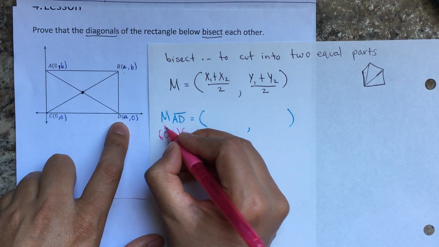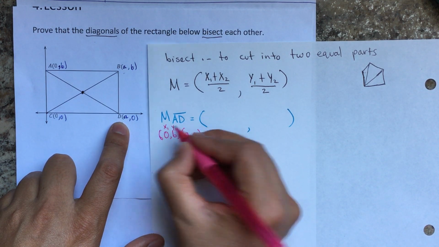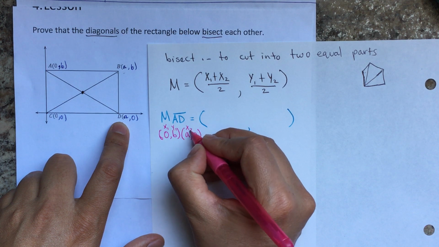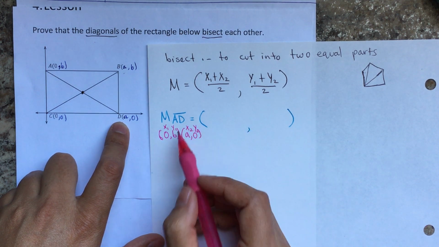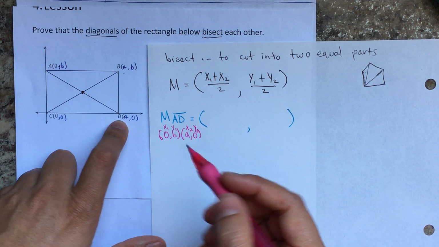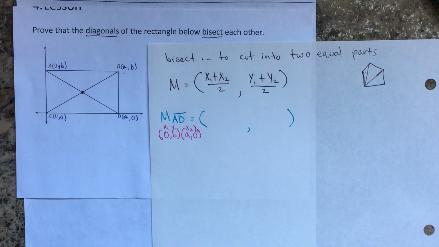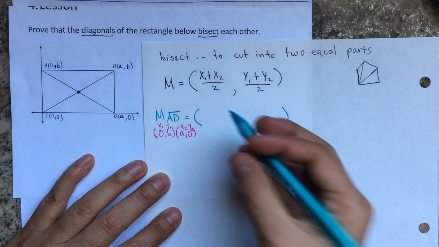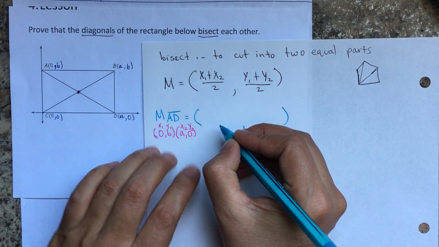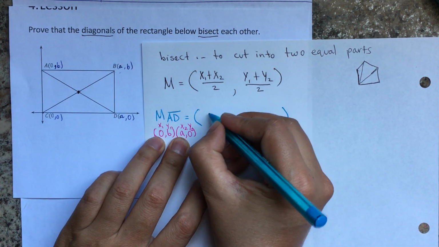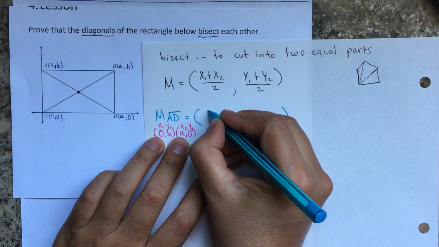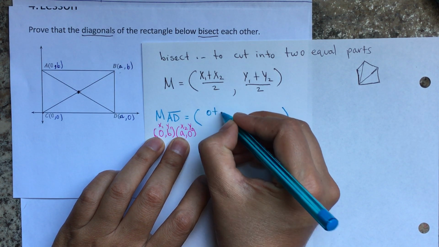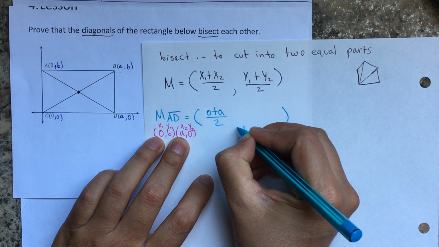And remember that this is x1, y1. This is x2, y2. Remember that it's because it's point 1 and point 2. It's just basically labeling them. And so my x1 and x2 are the first two numbers or letters in this case, 0 plus a divided by 2.